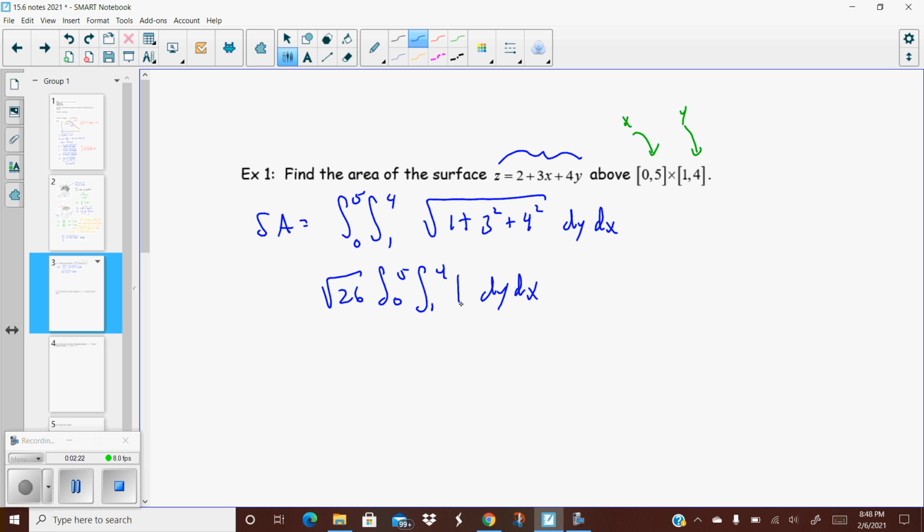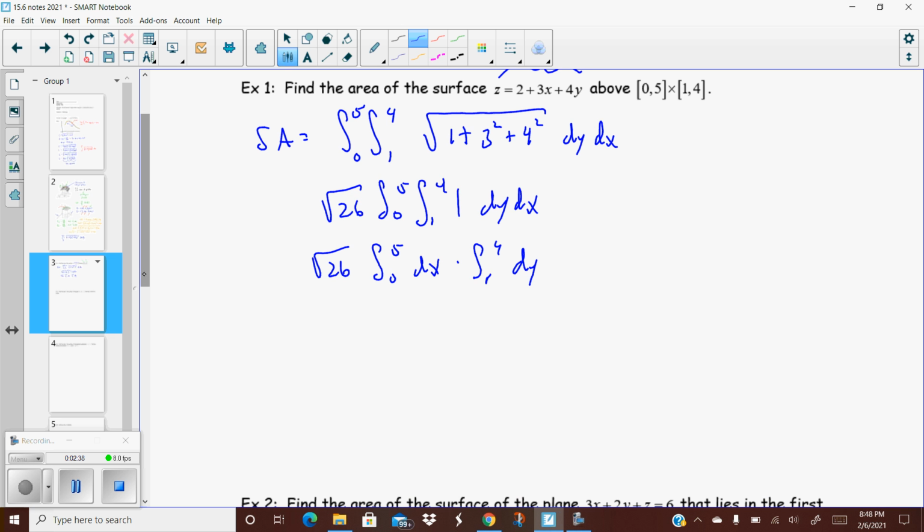Because these are constant bounds and the variables are separable, we can split it up. So we're going to have the square root of 26 times the integral from 0 to 5 of dx times the integral from 1 to 4 of dy. The integral of dx from 0 to 5 is just going to give you 5.